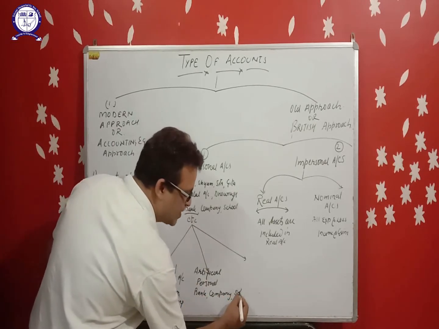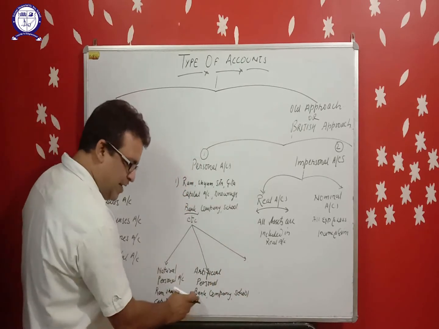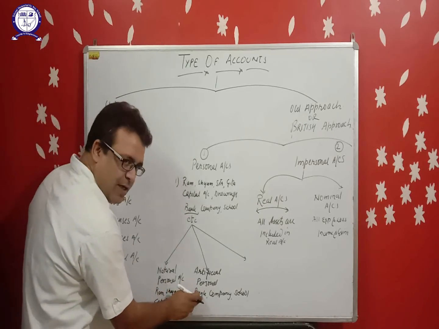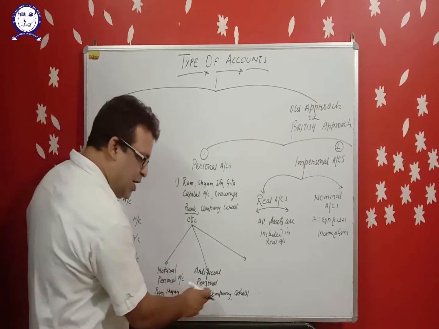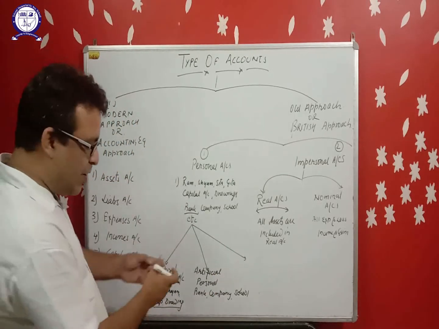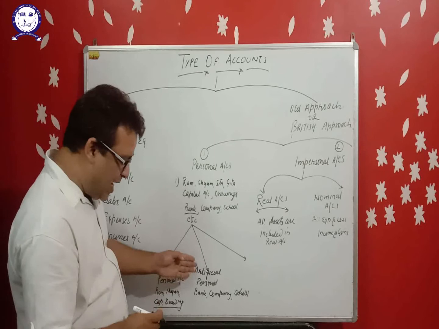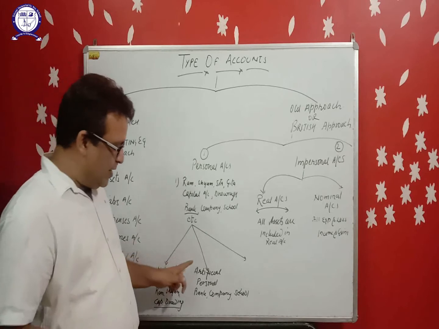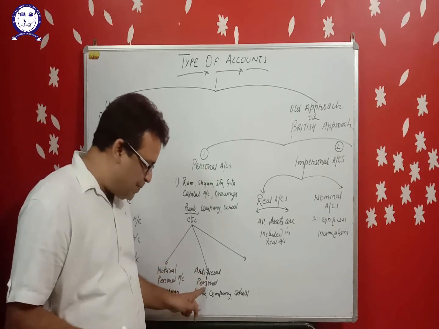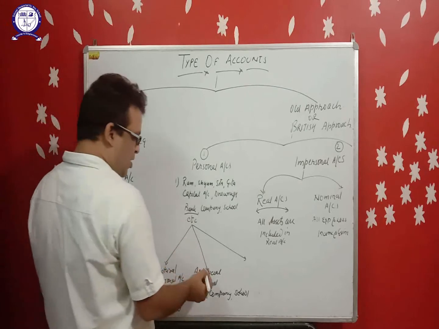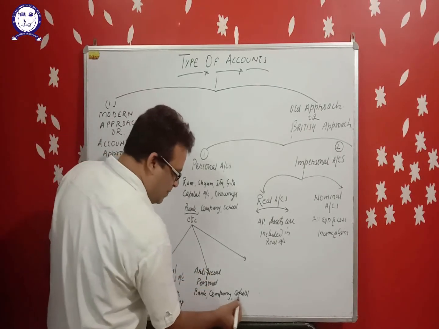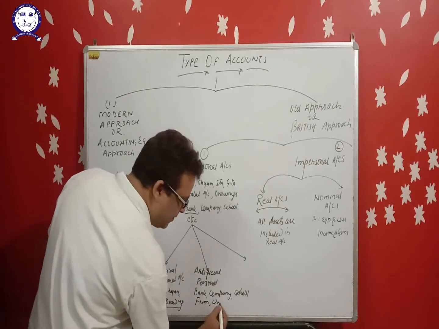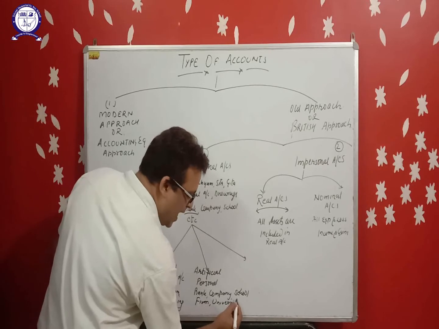They are not natural persons, but they can purchase assets under their own name and enter into contracts under their own name. That's why they are treated as a person, but they are not natural persons, so they are classified as artificial persons. These are some examples of artificial personal accounts: firm, university, any institution.